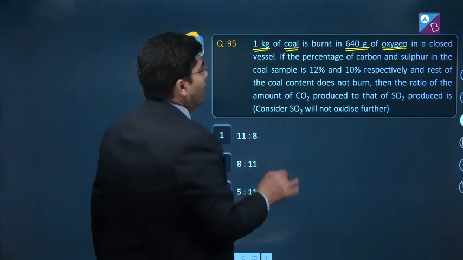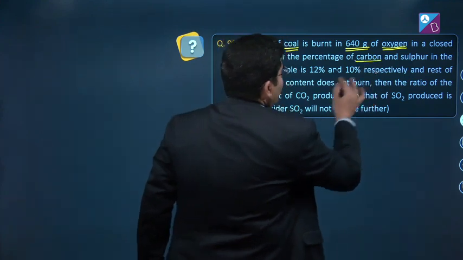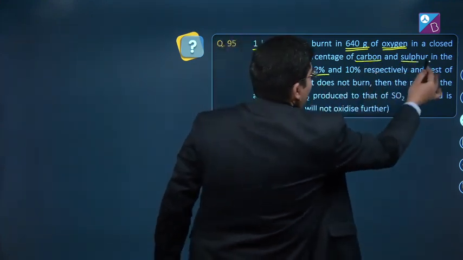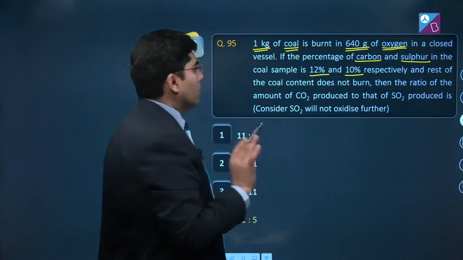And the percentage of carbon is 12%, the percentage of sulfur is 10%, right.